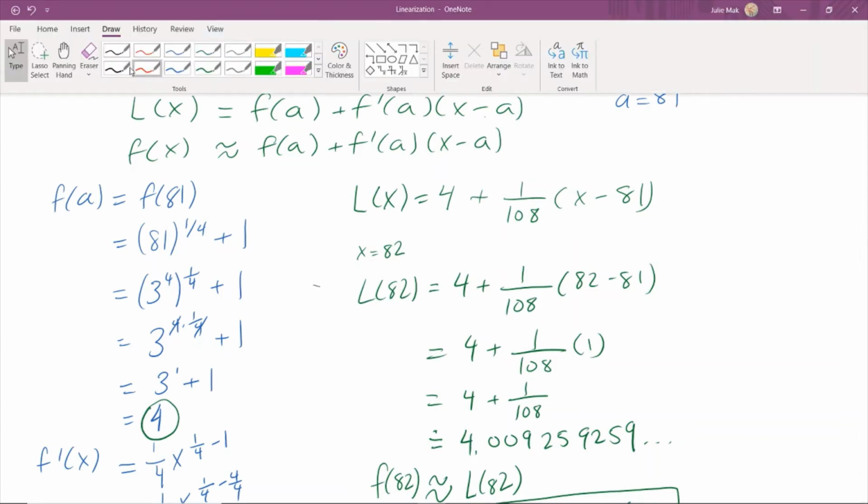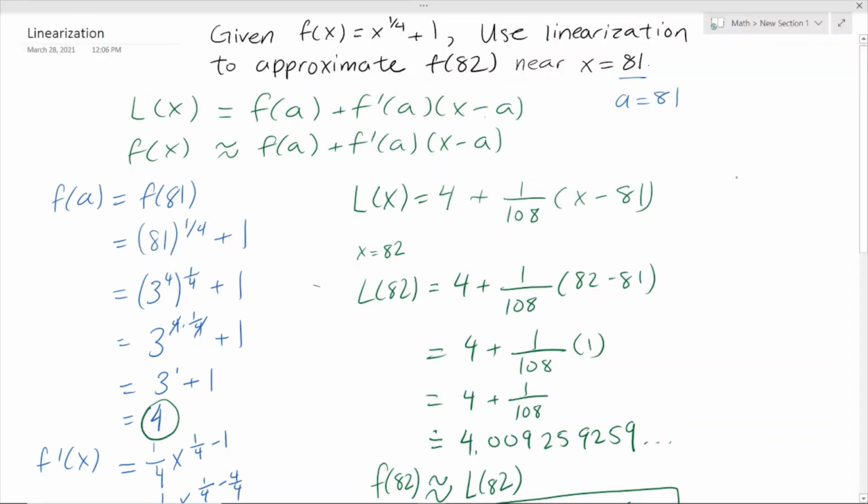So to check our work, if we do f of 82, we will get 82 to the exponent 1 over 4 plus 1. And you will get approximately 4.00921669.